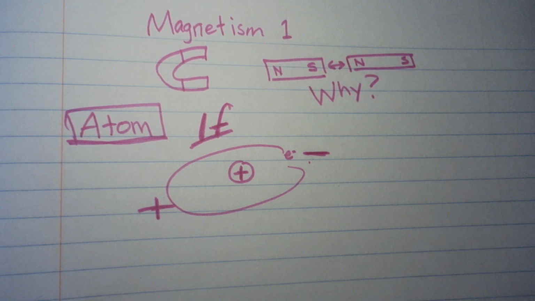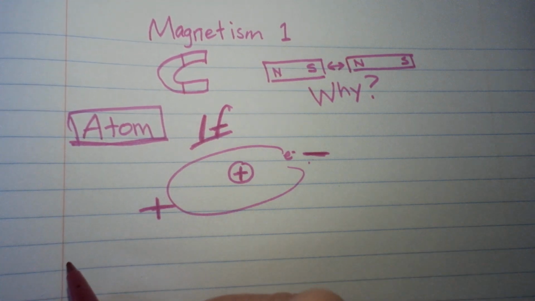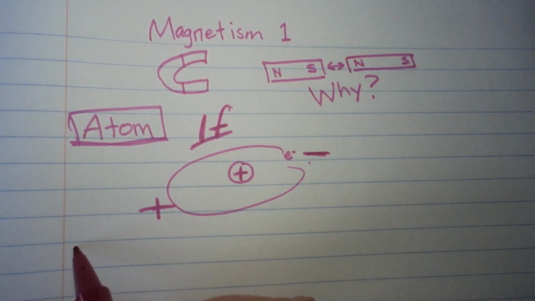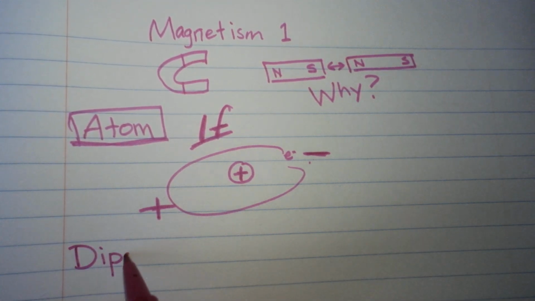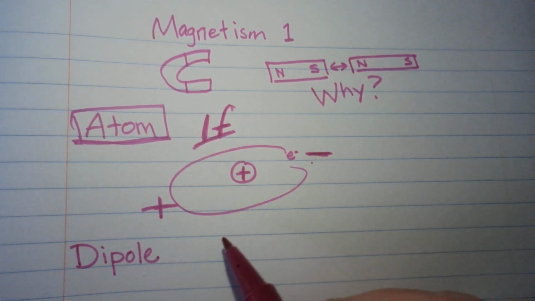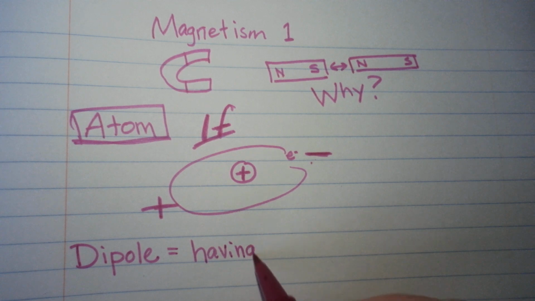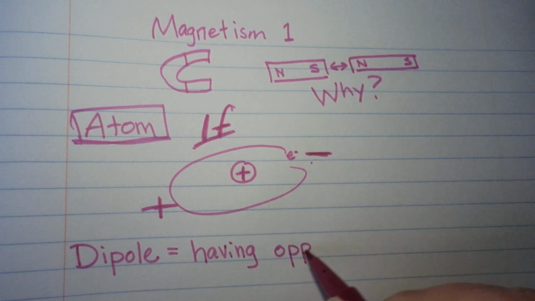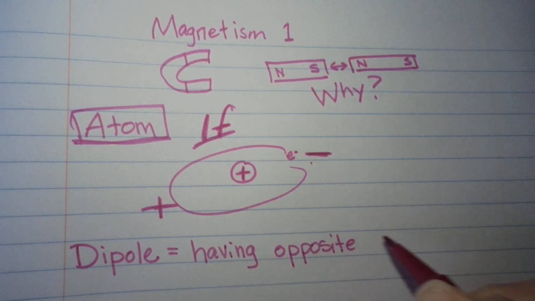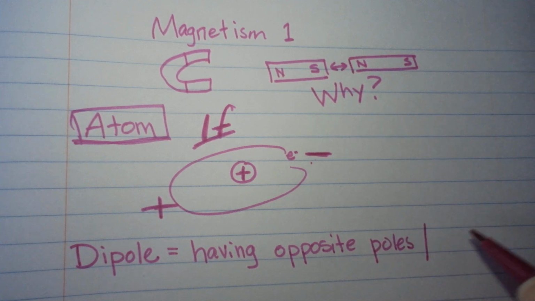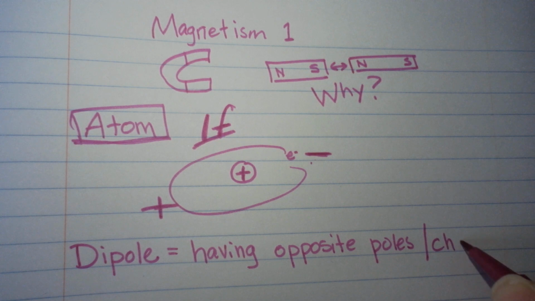Yeah. So let's put some words with this. First word we're going to put with it is a dipole. Dipole means having opposite poles. Poles or charges on either end.